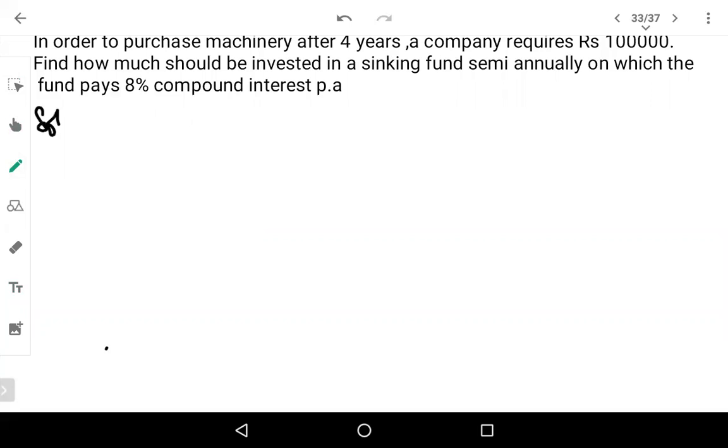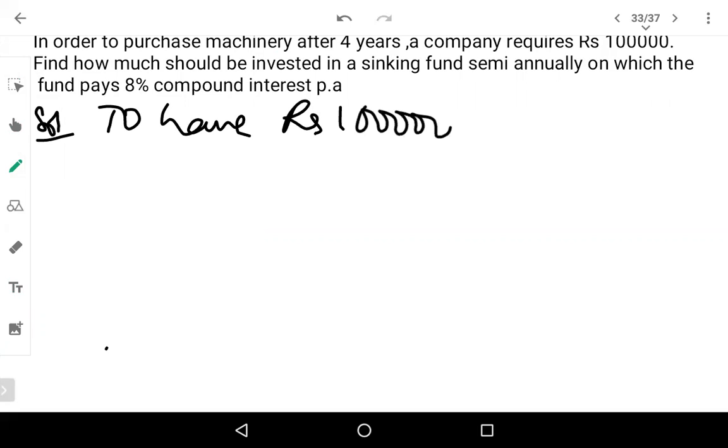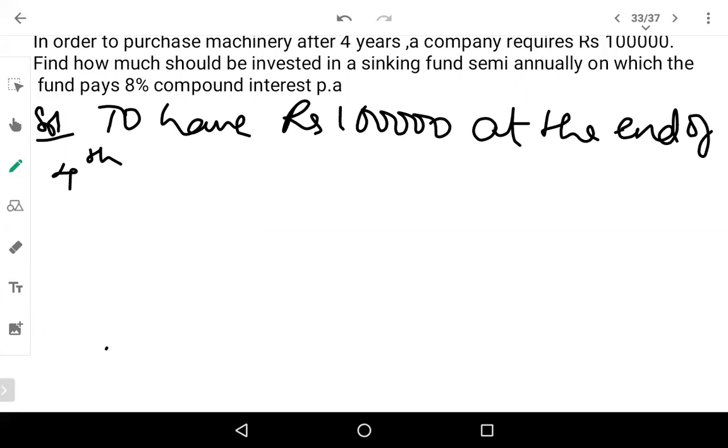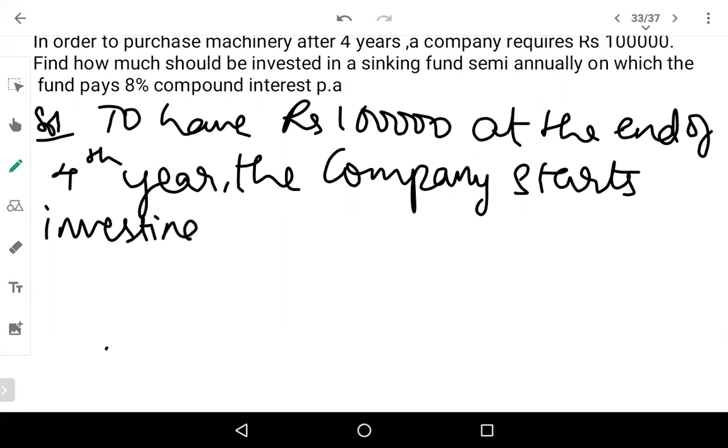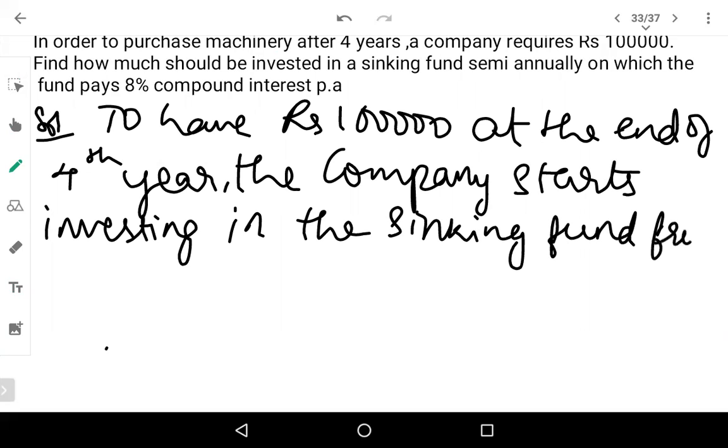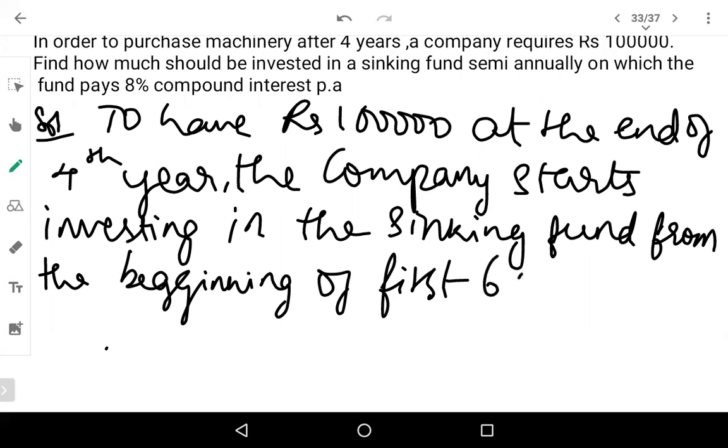Now here, to have rupees 1 lakh at the end of the fourth year, the company starts investing in the sinking fund from the beginning of the first 6 months.